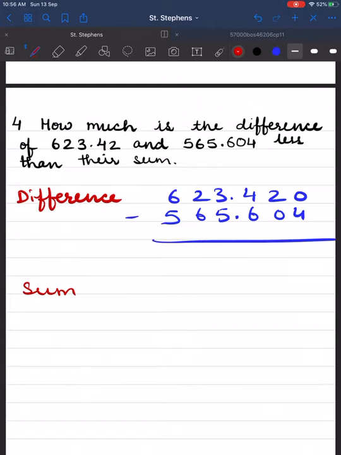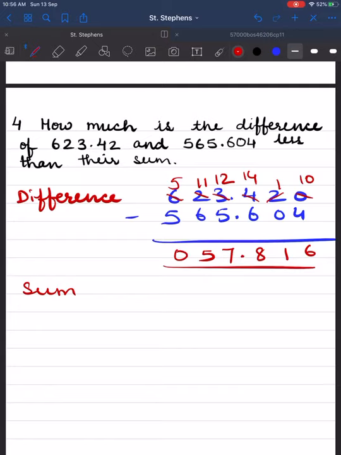So here 10 minus 4 is 6. Here 1 minus 0 is 1. Here 14 minus 6 is 8. Decimal below decimal, 12 minus 5 is 7 and 11 minus 6 is 5 and 5 minus 5 is 0. So we get 57.816.